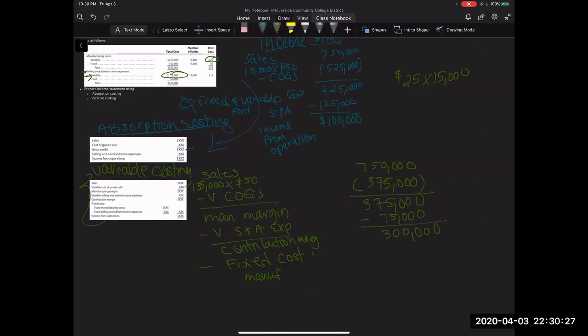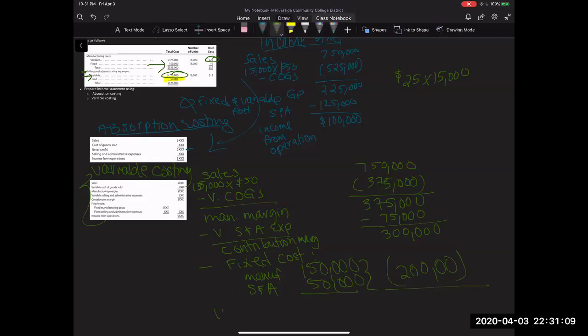My fixed manufacturing cost is 150,000. So hopefully you see where I'm pulling this from, 150,000. And then I have my fixed selling and administration expenses that I'm going to highlight here. Fixed is this one, 50,000. Okay, so hopefully you understand where I got that one from. So my total fixed cost is these two added together, so that is $200,000.